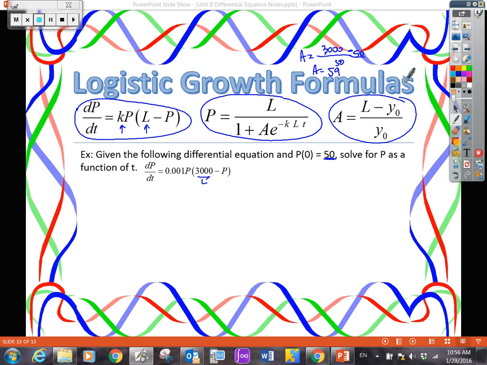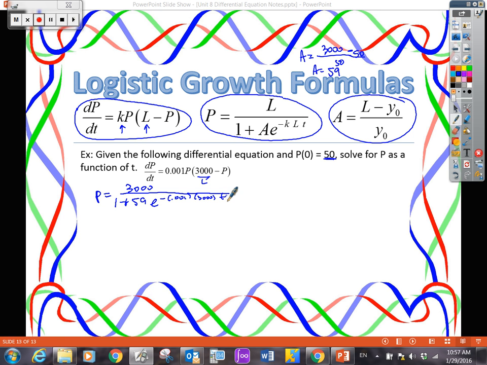All right, so let's go to our equation. So P equals L, which I read out of here, is 3,000, all over 1 plus A, which is 59, and then it says e to the negative K, which is 0.001, times L, which is 3,000, and then t.